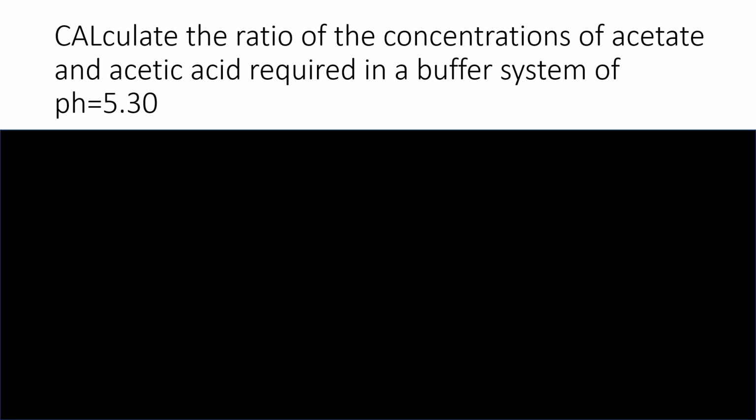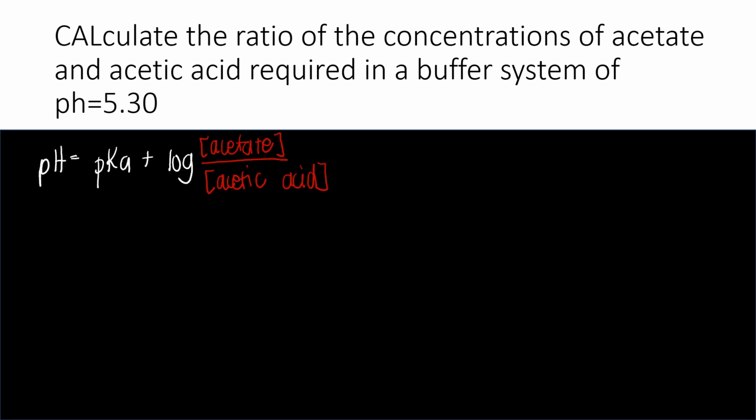Of course, we will again start with the Henderson-Hasselbalch equation. What we are looking for here is not the concentration, it's the ratio of the concentrations of acetate and acetic acid. So we will transpose this on the other side so we can easily compute for these ones.